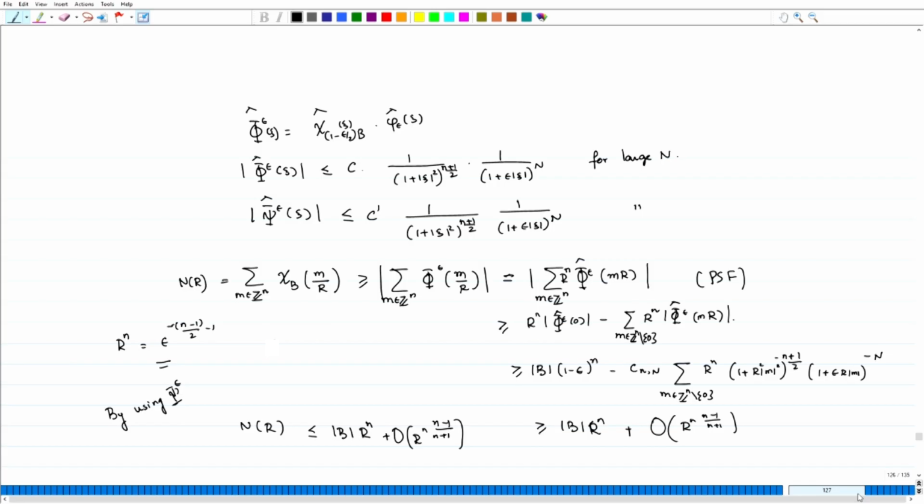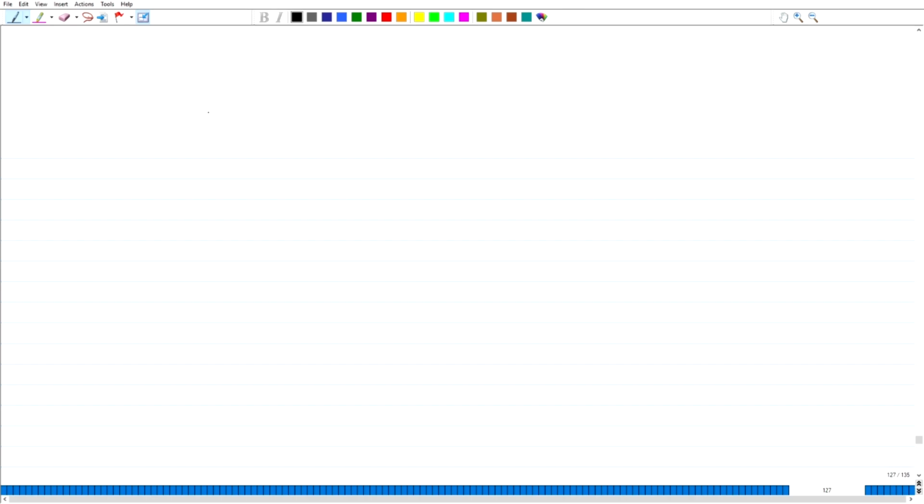Okay, so now this is again about counting lattice points.